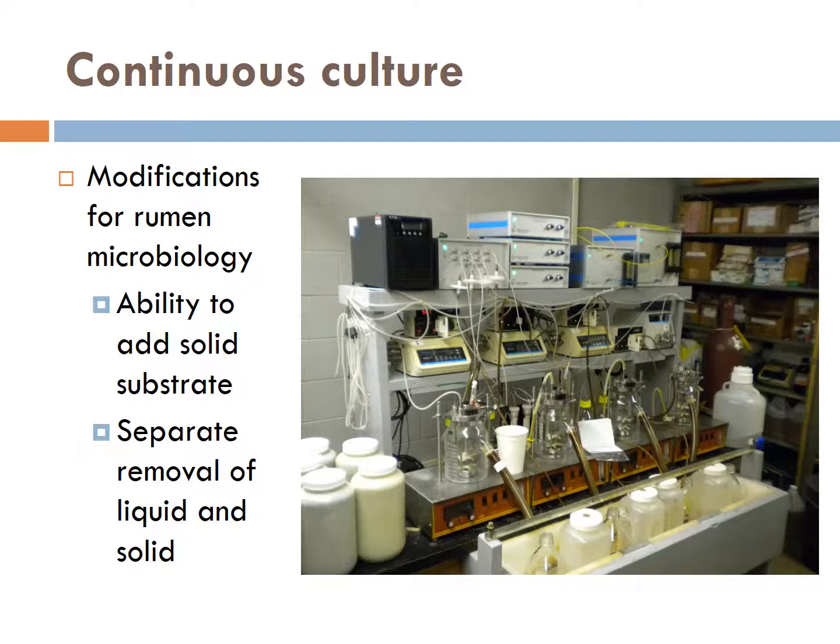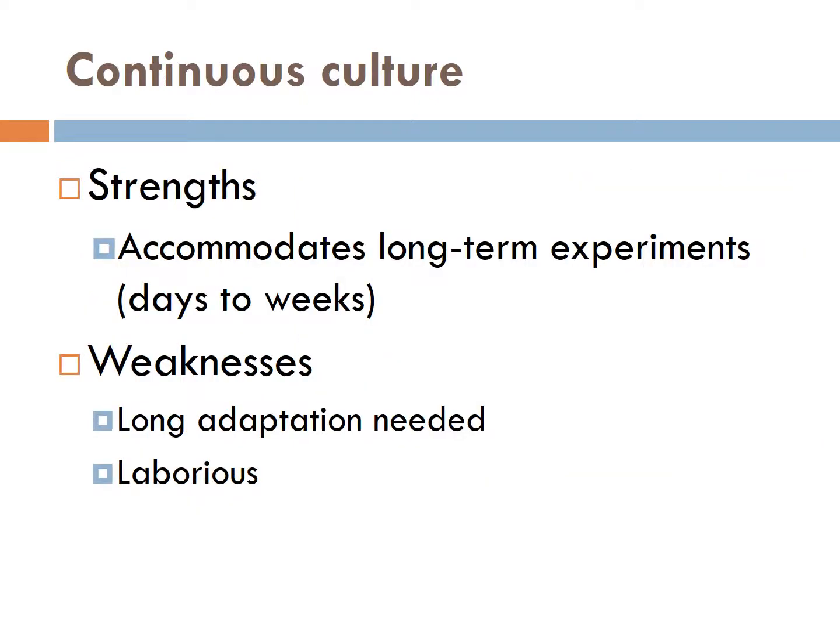The strengths of continuous cultures are that they can accommodate long-term experiments, ones that last days to weeks. Substrate is continuously added, end products are continuously removed, microbial growth can occur indefinitely. The weakness is that continuous cultures require a long adaptation to get to a steady state, normally a few days at least.